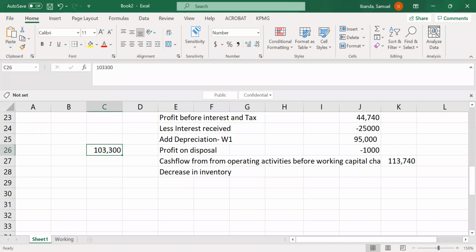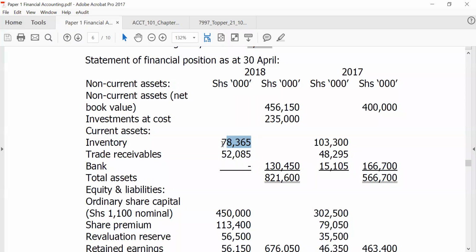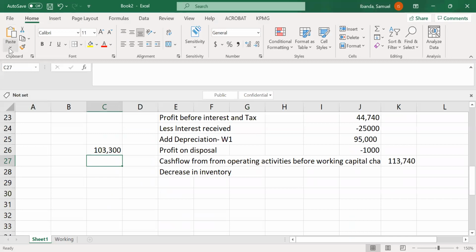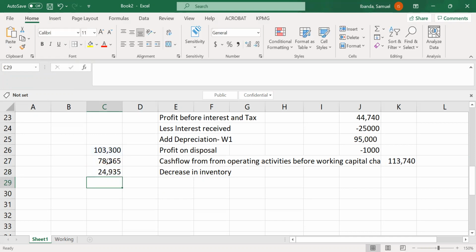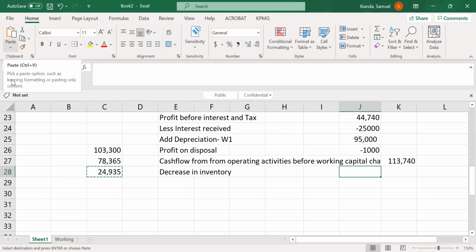I'll just demonstrate this here. When you get this minus this, you come to 24,935. This is the decrease in inventory, and I'll put it here. Now, it's either positive or negative.